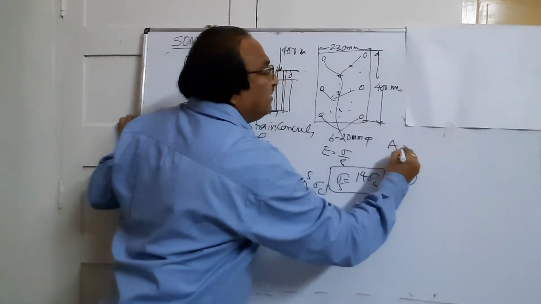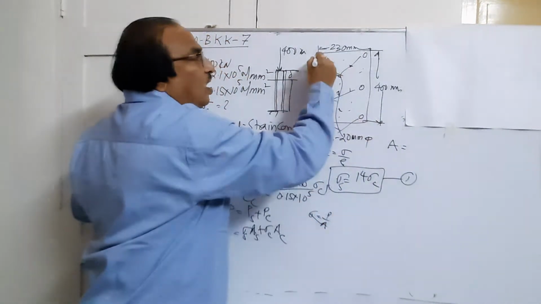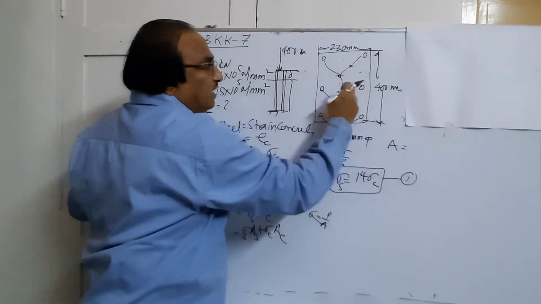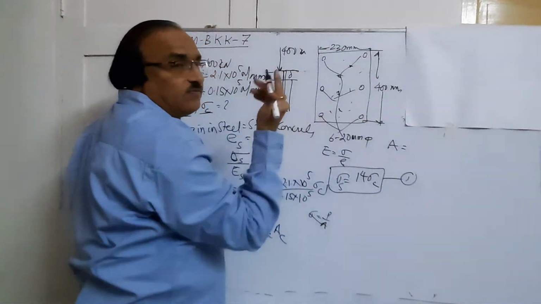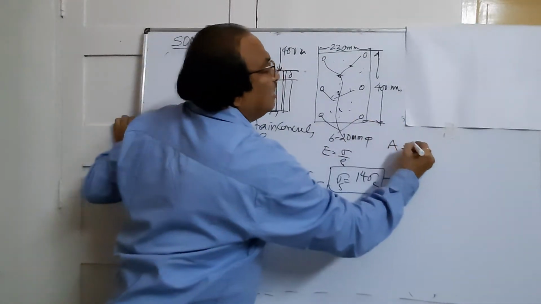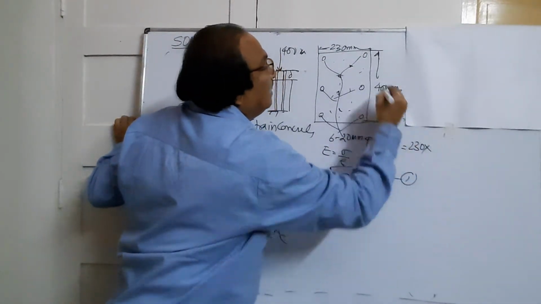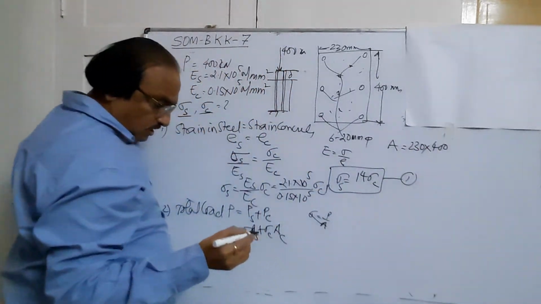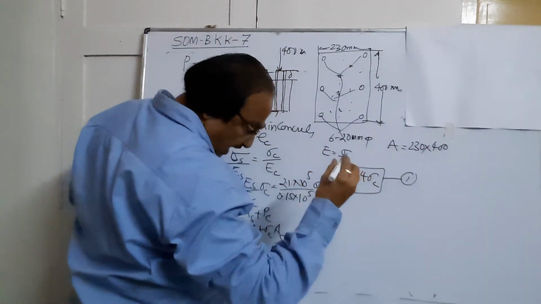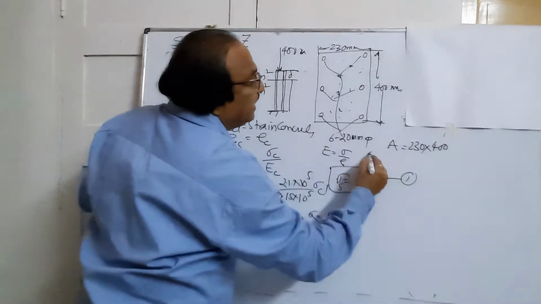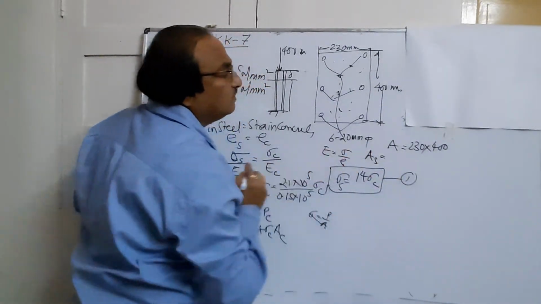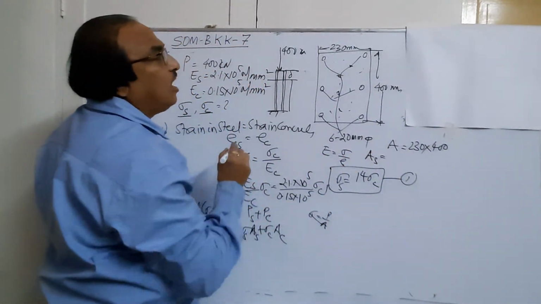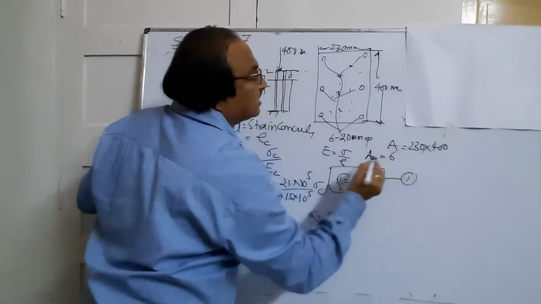Take the total area of column. Out of that, if I remove the area of steel, I will get the area of concrete. So total area of the column is 230 by 400. For the area of steel, how many bars are there? There are 6 bars.